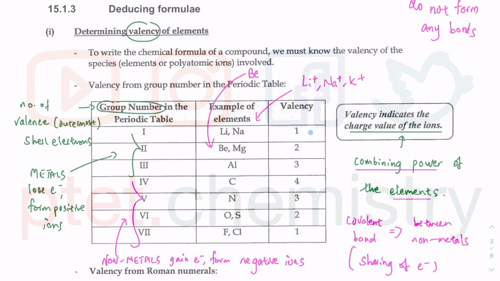Group 2 will form the 2+ metal cations, so these have a valency of 2. Aluminium, a metal in group 3, has a valency of 3 because you get Al3+. These are from your bonding work. Many weeks ago, aluminium loses 3 outer shell electrons to give Al3+.